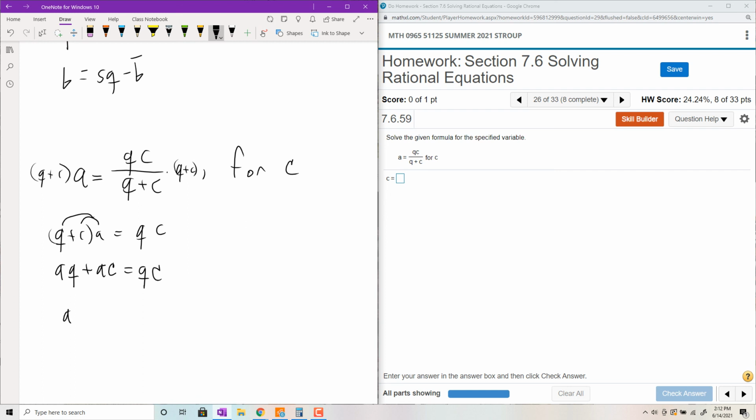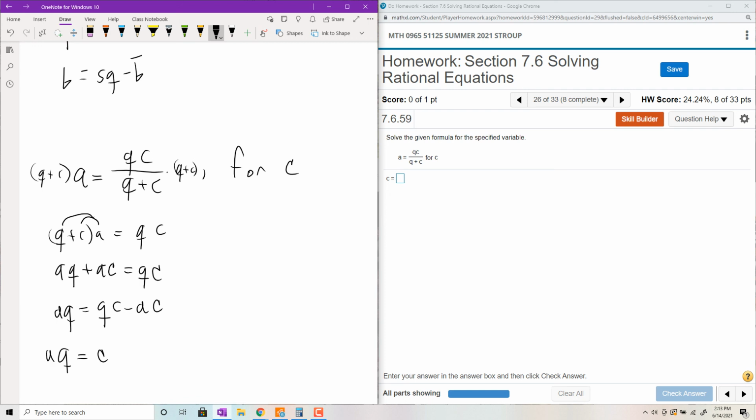And then I'm going to move the AQ over, so I'll have AC equals, whoops, I'm solving for C. I'll move the AC over. So I'll have AQ equals QC minus AC. And then I could factor the C out of the two terms on the right. So I have AQ, pen froze.